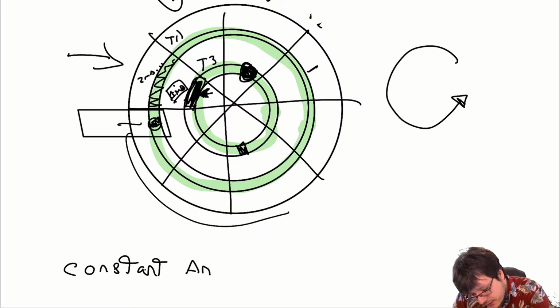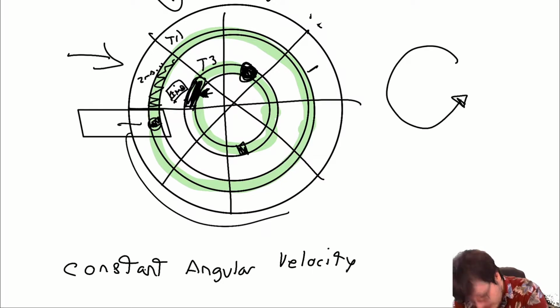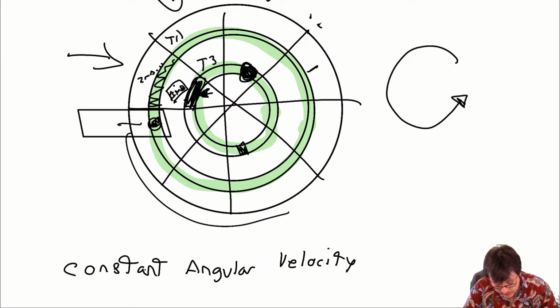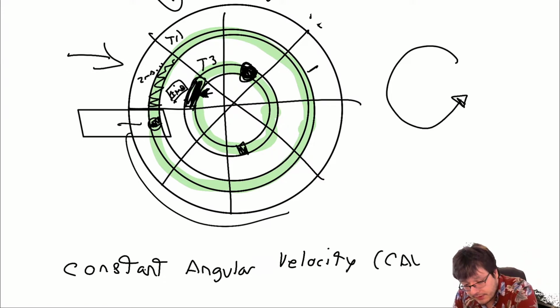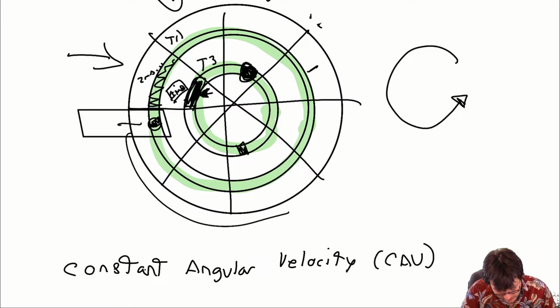Constant angular velocity. This becomes like a trigonometry problem, basically. I guess it's abbreviated as CAV, because that's what it stands for. What it means is that if the information is able to be scanned at the same rate by rotating the disk at a fixed speed, it's known as a constant angular velocity, okay?